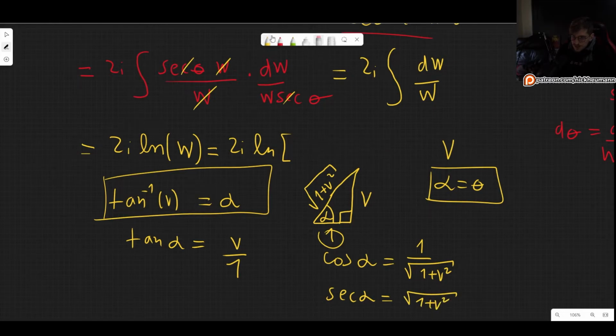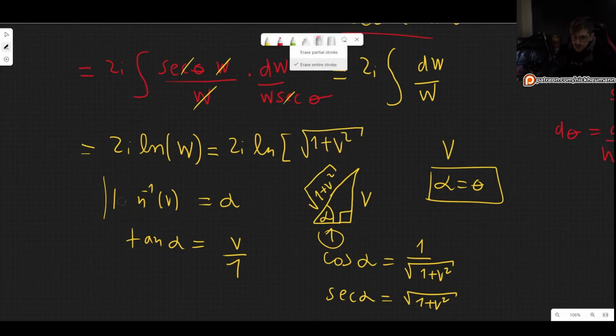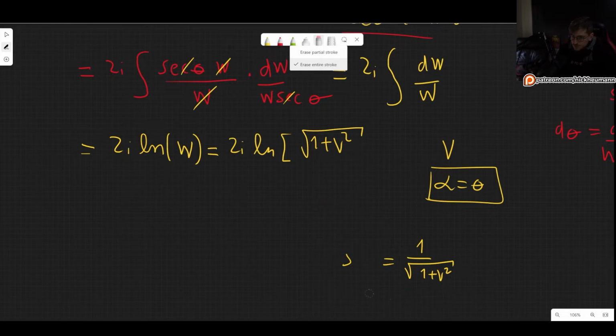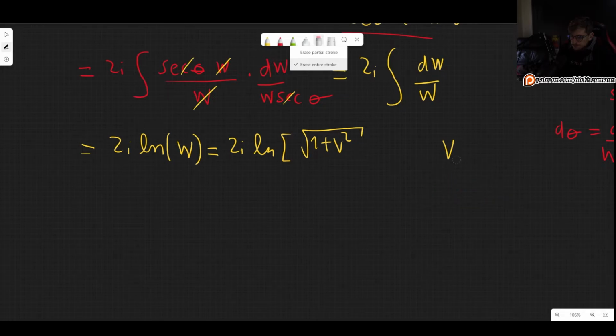So this thing here is simply 1 plus v squared inside of a square root. Okay, now let me get rid of all of these scribblings here because they were just so that we could show this. Now, oh wait, where's v? V disappeared.